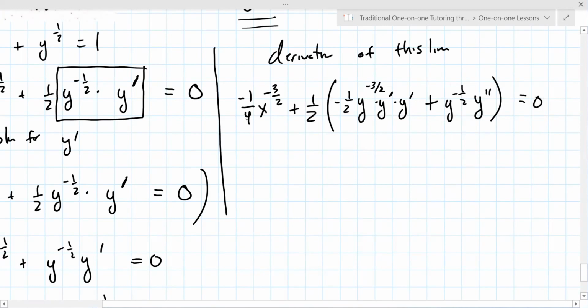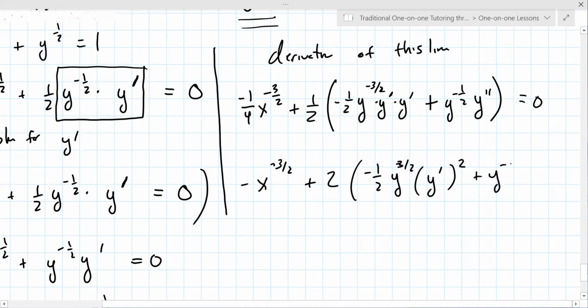Multiply everything by 4 here. So we get -x to the -3/2 plus 2 -1/2 y to the 3/2, and then this is y prime squared. Y prime times y prime is y prime squared, which is a little weird, but that's what it is, equals 0.